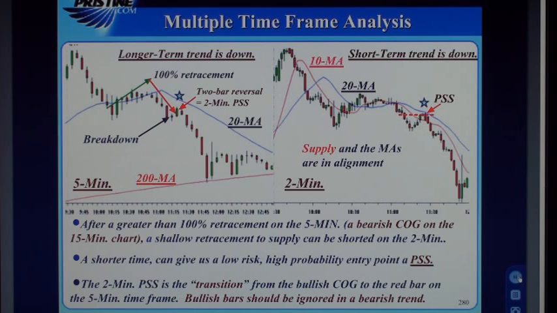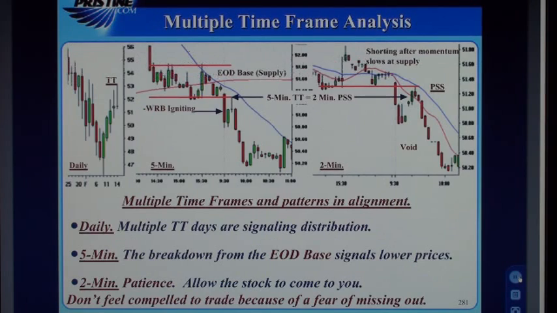And it's just a transition. This is how all transitions occur, from green bars into red bars and vice versa. There must be a slowing momentum, a narrow range bar, known as a PBS or a PSS.